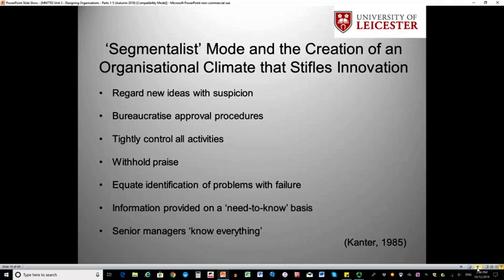So you can see how a limit to the things that you're told is going to automatically lead you to be more focused on your own activities and ignore the activities and objectives of other parts of the organisation. So the segmentalist mode and the organisational climate associated with it stifles innovation.